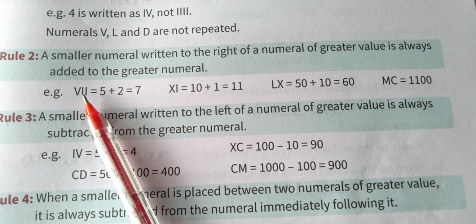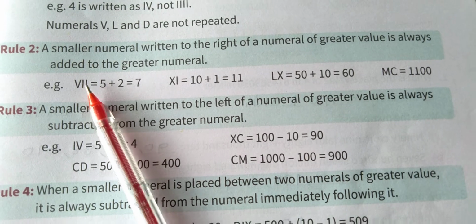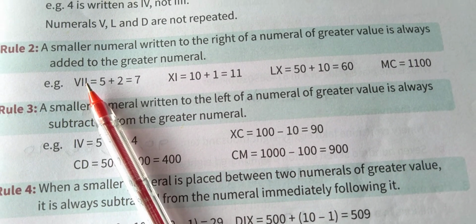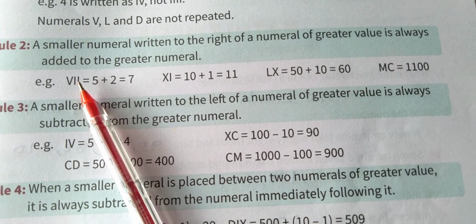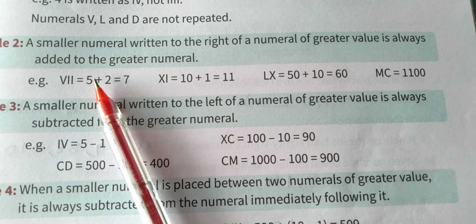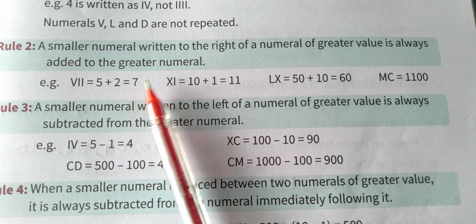See this example, the smaller numeral is written to the right of the greater numeral, so it is added to the greater numeral. VII means 5 plus 2, which is equal to 7.